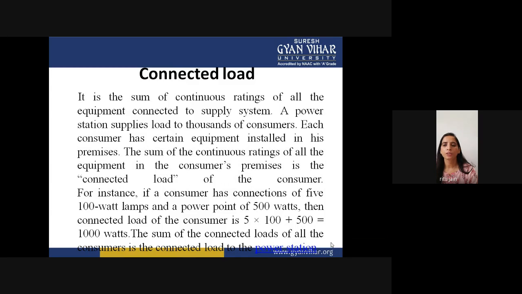For instance, if a consumer has a connection of 5 lamps of 100 watts and a power point of 500 watts, then the connected load is 5 into 100, 500 watts, plus the power point of 500 watts. The sum becomes 1000 watts. The sum of the connected loads of all the consumers is the connected load of the power station. So the connected load for this consumer is 1000 watts.